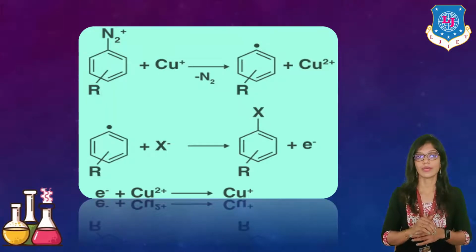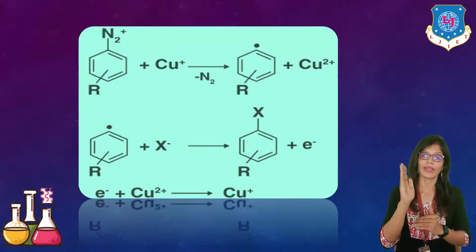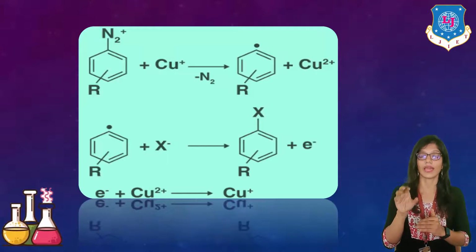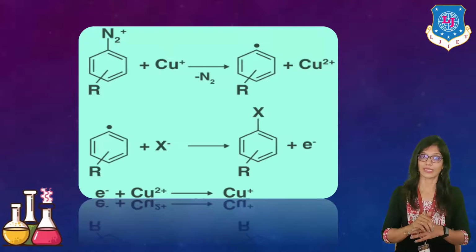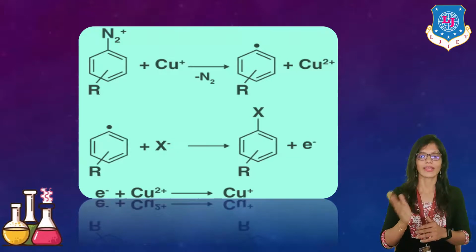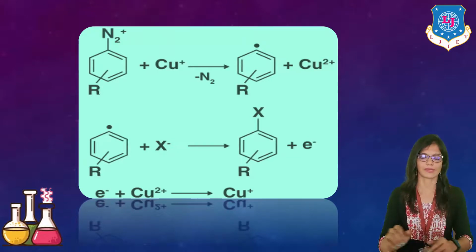So as you can see in the image, the benzene ring which contains R on it and N2 on it gets substituted with X. So it becomes basically the halogen containing aromatic ring, plus one electron will be released. So that electron will be accepted then by Cu2+ and gets converted to Cu+.